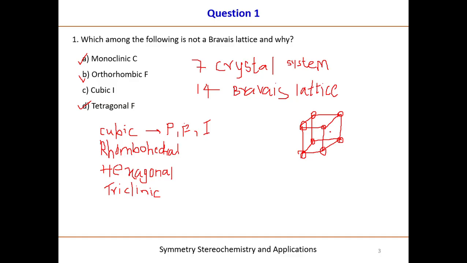What about the face centered? In face centered cubic cell, all the 8 atoms occupy the corners of the unit cell, like the primitive cell. But the only difference is that another atom will be present on the face of each lattice side.